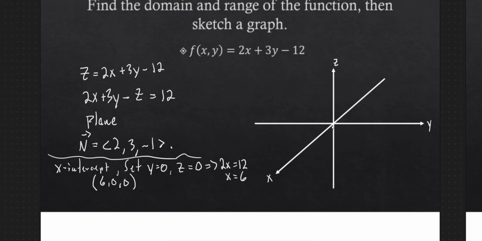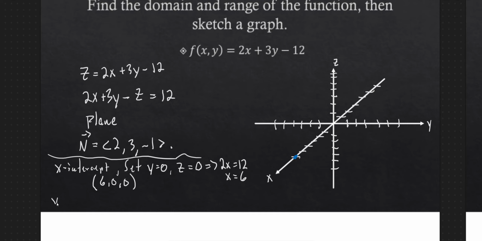Maybe I should draw some tick marks here. Let's do 1, 2, 3, 4, 5, 6. I really just want a rough sketch. I don't need to make this exact. So I'll go ahead and mark 6, 0, 0.